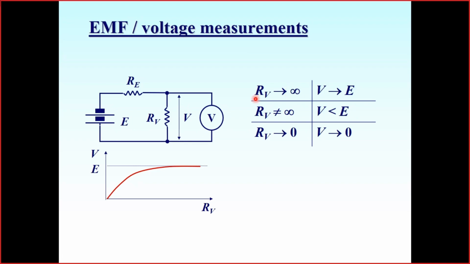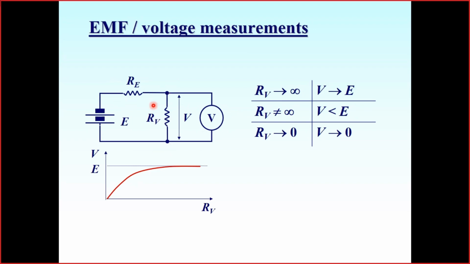If we have a voltmeter with an infinite resistance, our measurement will be accurate. But when the resistance of the voltmeter is finite, we have to take into account that the current caused by the electromotive force will flow both through the internal resistance of the source and through the resistance of the meter itself.